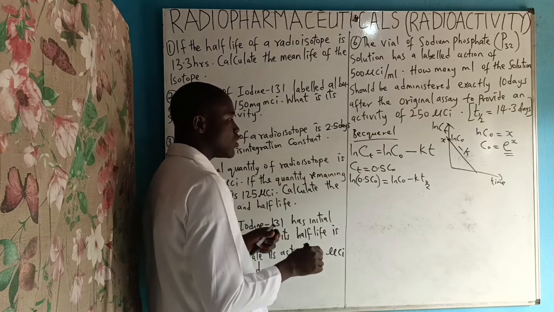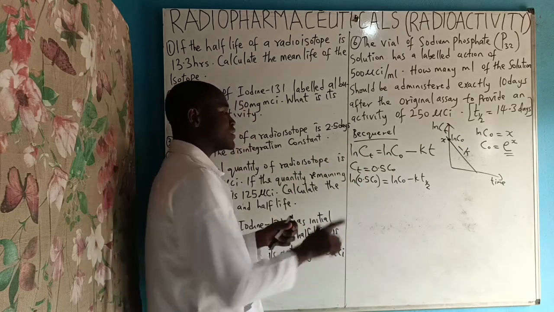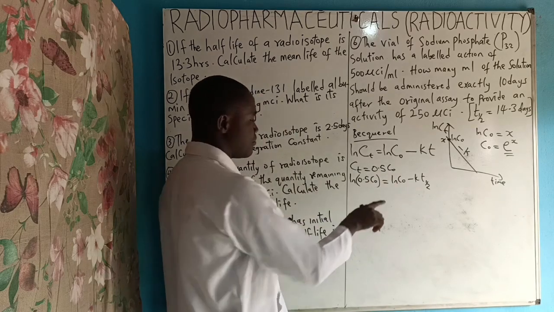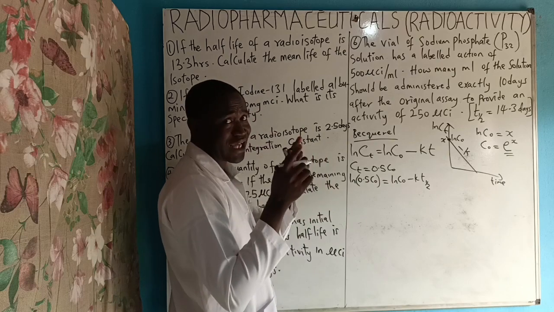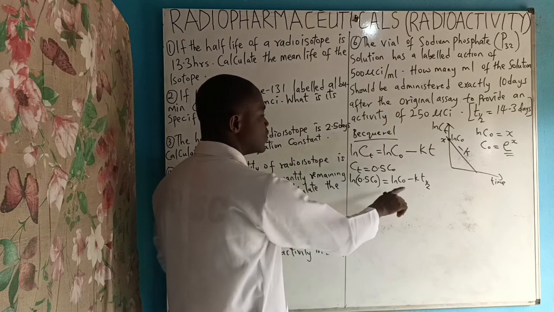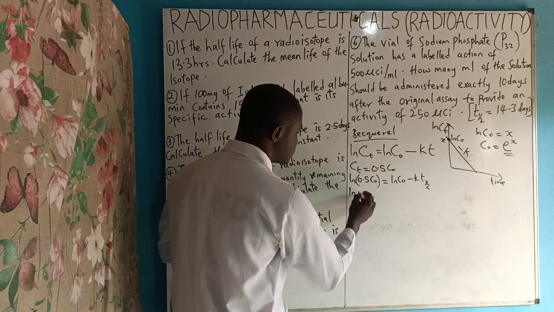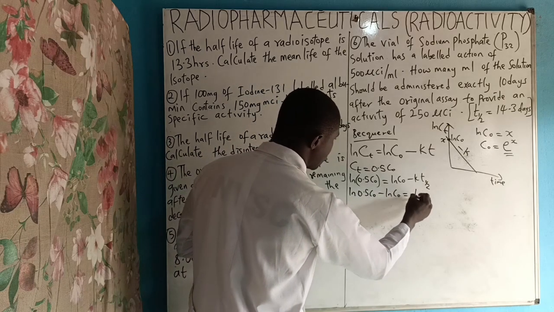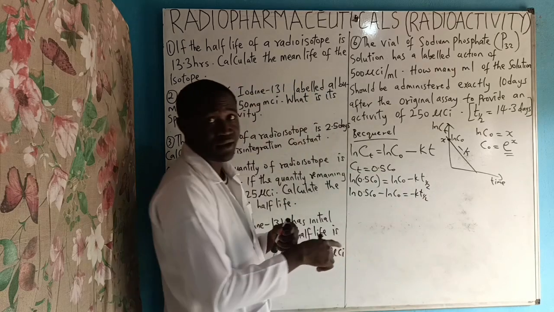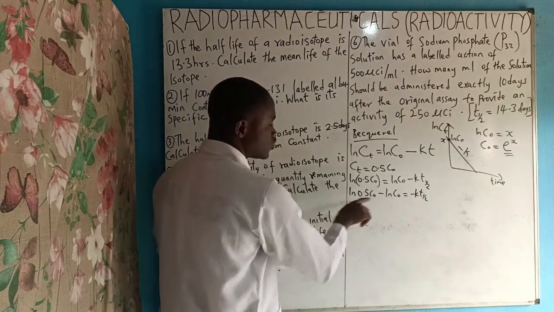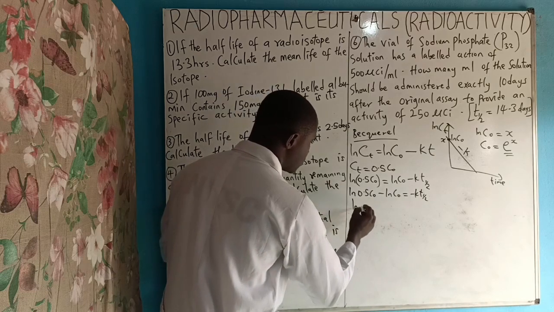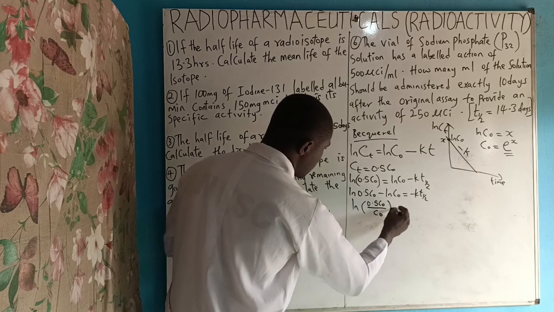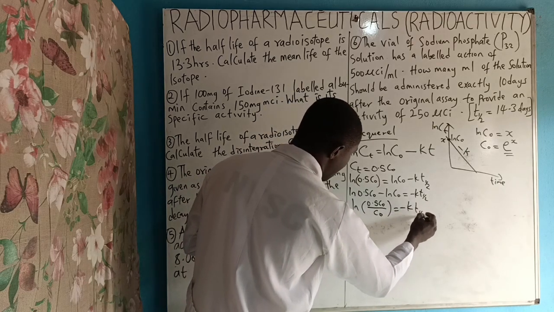And so what we now say here is applying principles of logarithm, because ln means log, but they are not exactly the same, but they are related. This coming here, we have ln 0.5 C0 minus ln C0 equals minus kt half. And so we now say the subtraction law of logarithm will come in: ln of 0.5 C0 all over C0 equals minus kt half.